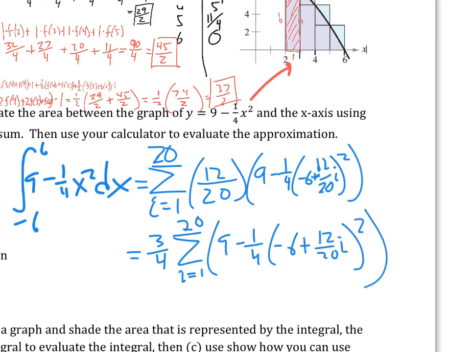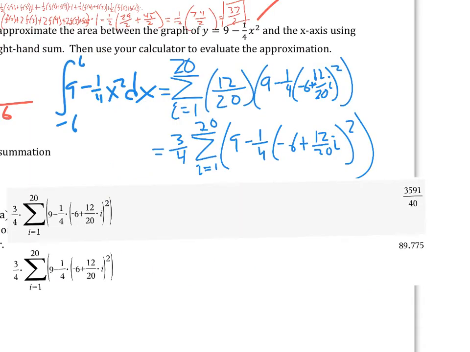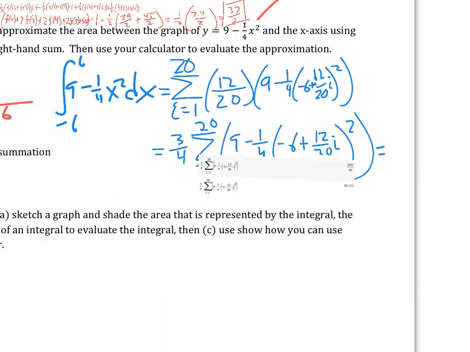All right, so let's go to the calculator, see what we can get. So plugging that into the calculator, letting it do all the hard work, we get 3591/40 or 89.775. All right.